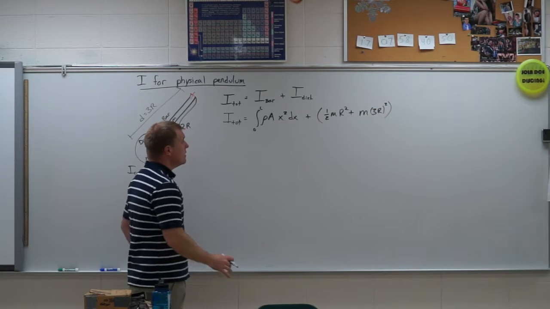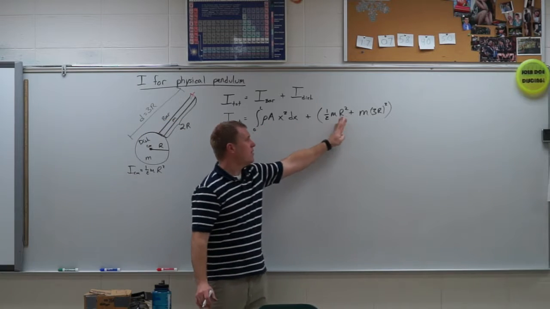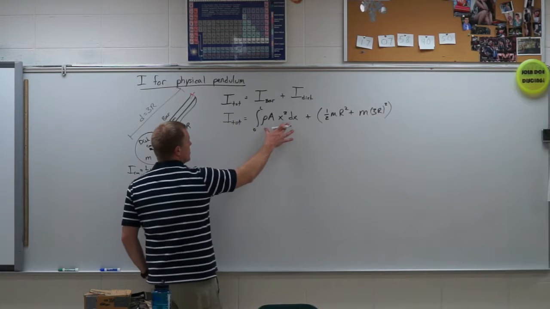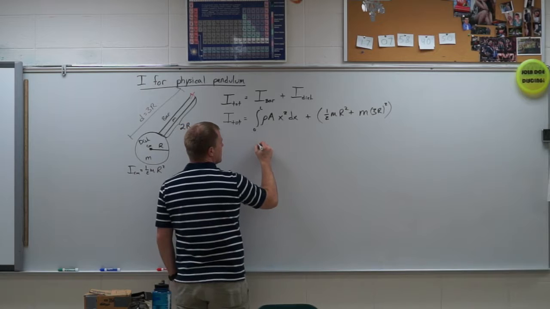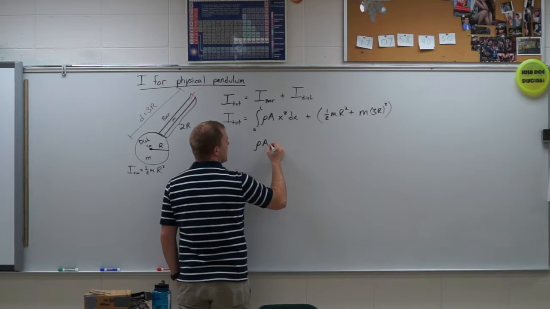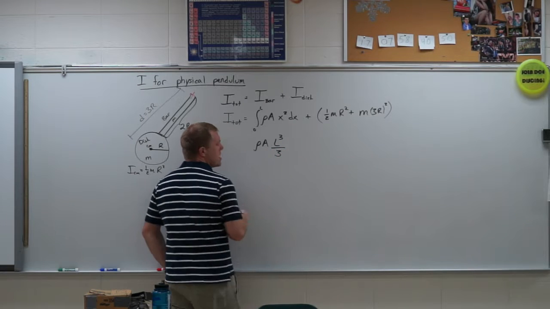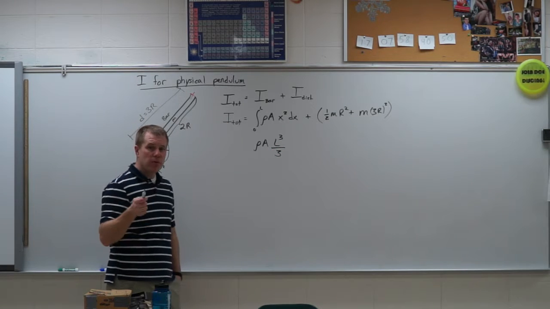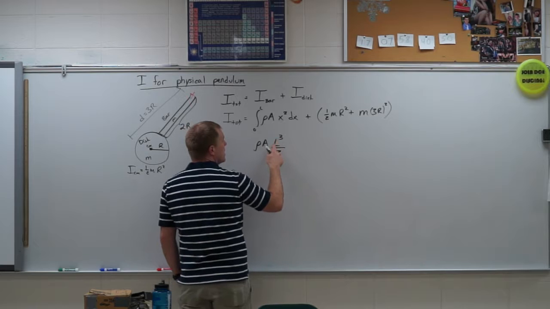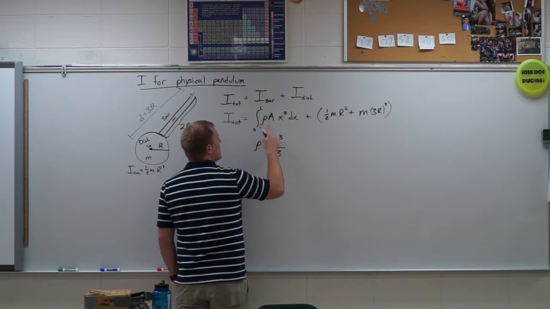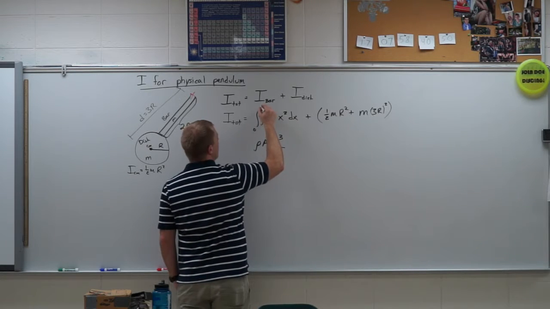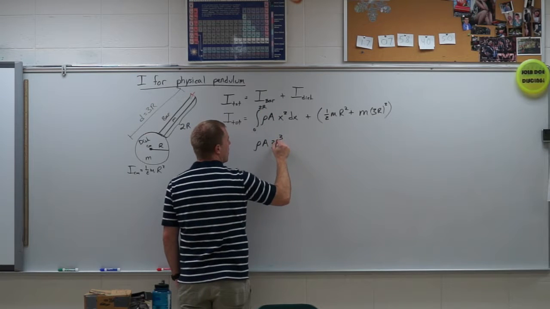The next thing we're going to do is our integral. This stuff's already in the form we want it in. So I'm going to integrate this, and I'll get density, cross-sectional area, L cubed over 3. Now, what we want to look for is, let's make this L what it's supposed to be. L is 2r.